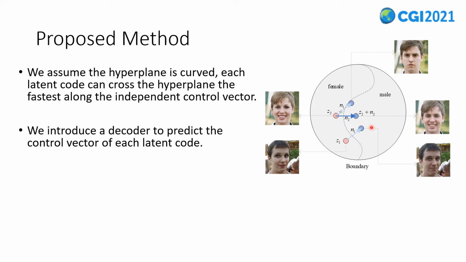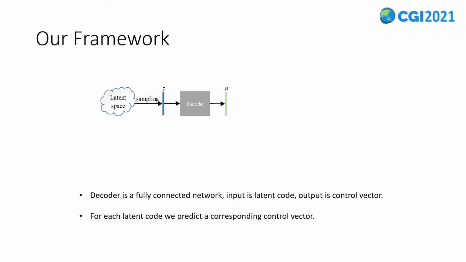In order to calculate a control vector for each latent code, we introduce a decoder that takes the latent code as input to predict the corresponding control vector. This is the framework we use to predict the control vector. We use a fully connected network as our decoder.